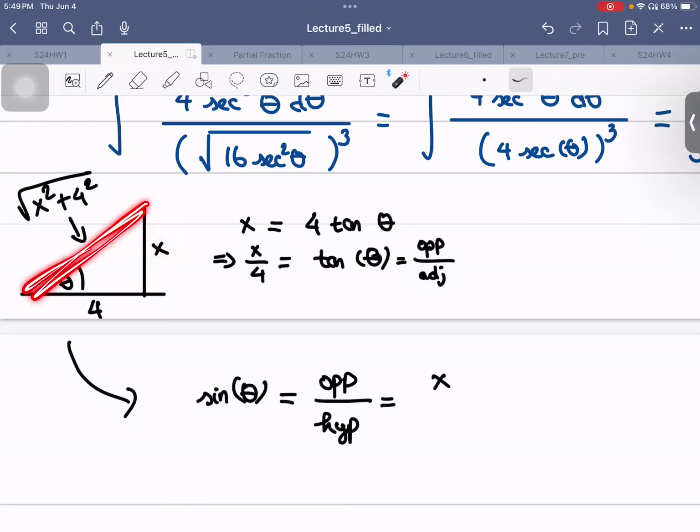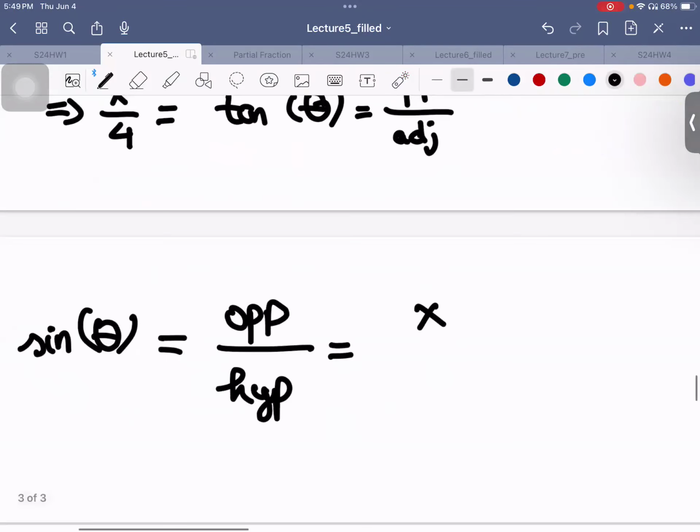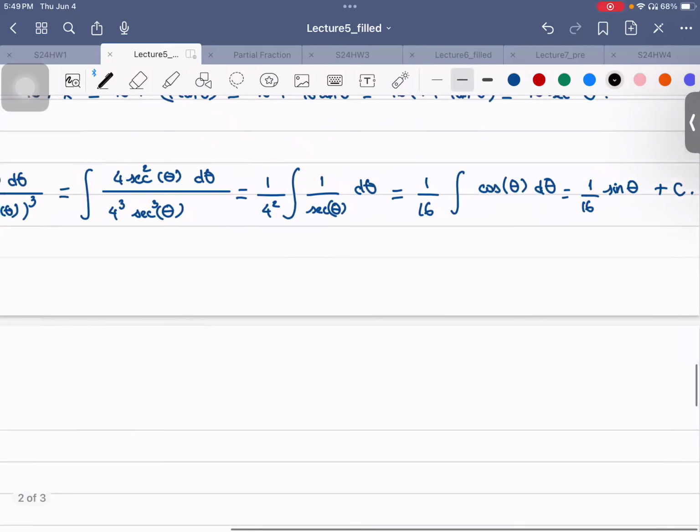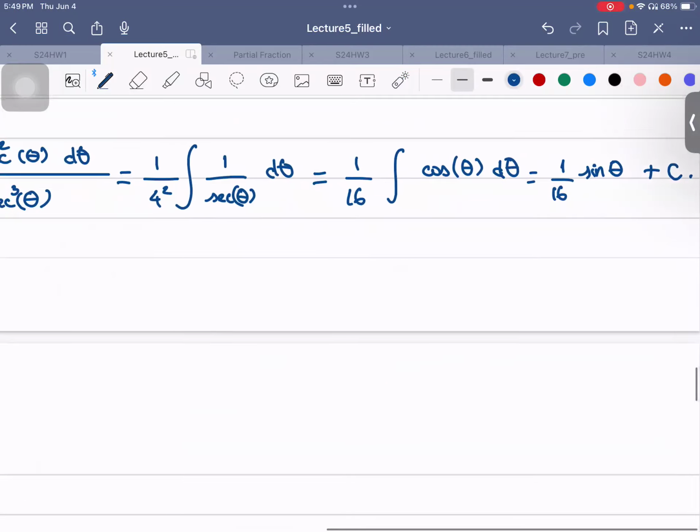The hypotenuse is the square root of x squared plus 4 squared. So we have 1 over 16 times x divided by the square root of x squared plus 4 squared, plus C.